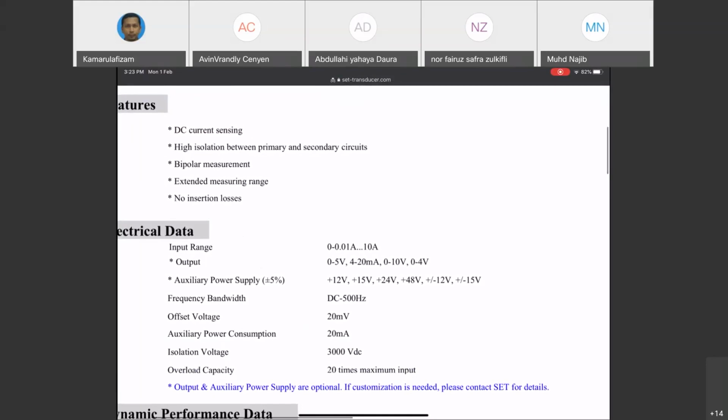Okay, they have output 0 to 5 volt, 4 to 20 milliamps. This is a standard current output. You can choose 0 to 10 volt. You can choose 0 to 4 volt. In this case, I would basically take 0 to 5 volt. All right. And of course, we have several options of power supply.